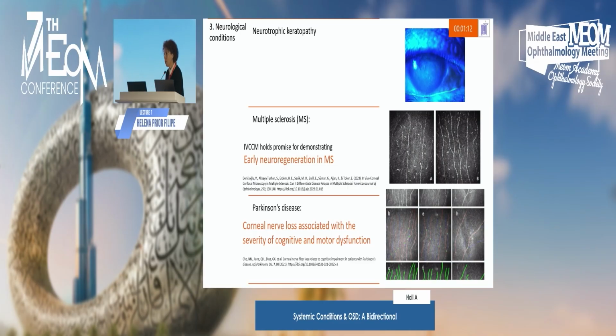And also a very interesting finding is the correlation of these alterations of corneal nerve loss with the severity of cognitive and motor dysfunction in Parkinson's disease.